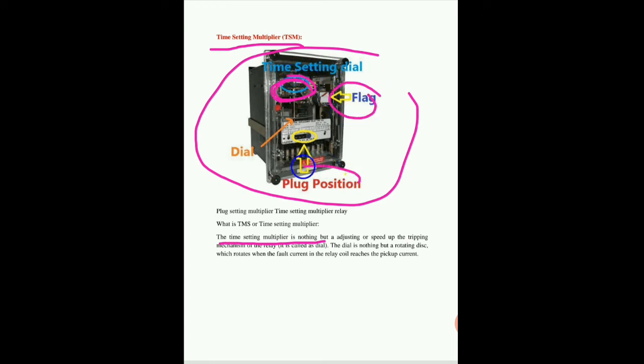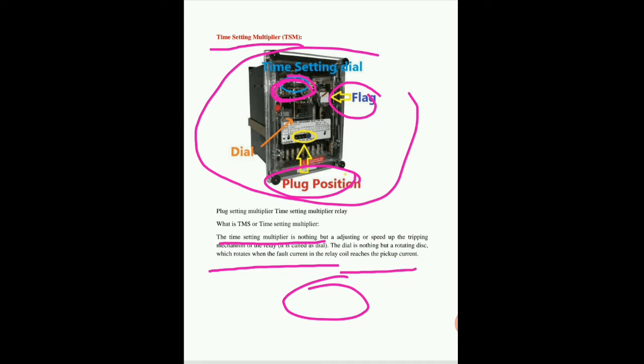You will see in our household meter the TSM, the time setting dial, the flag, and the plug position. In our energy meter we can easily see these things. So TSM adjusts the speed of the tripping mechanism of relay.